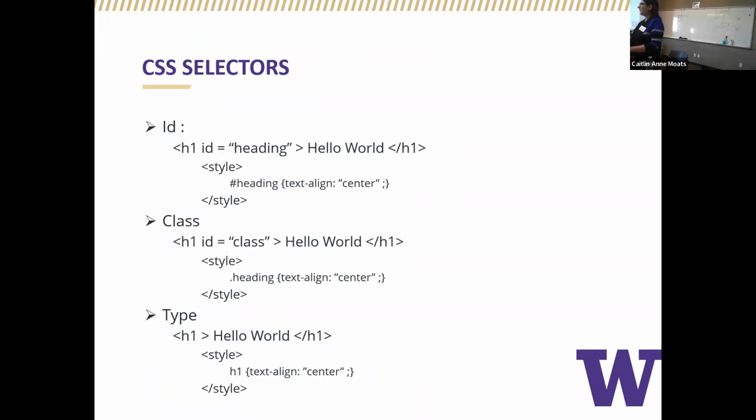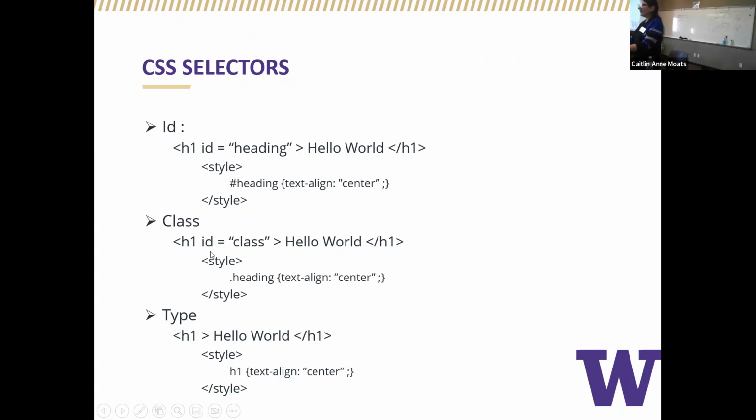As we were talking about the CSS selectors, how do we know that particular styling needs to be incorporated on that particular section of the page? We have different types of selectors. One can be ID. If we define an ID on an HTML tag like heading, we can simply in the style tag refer to it: if you find this ID, hash heading, you align the text to center.